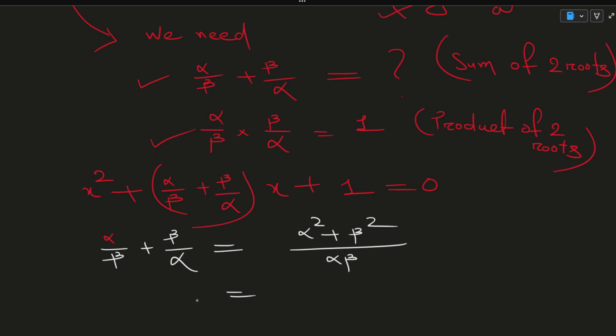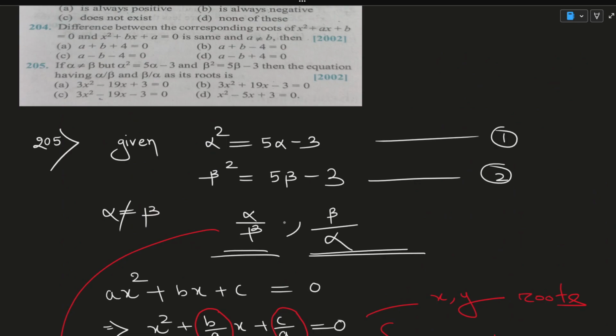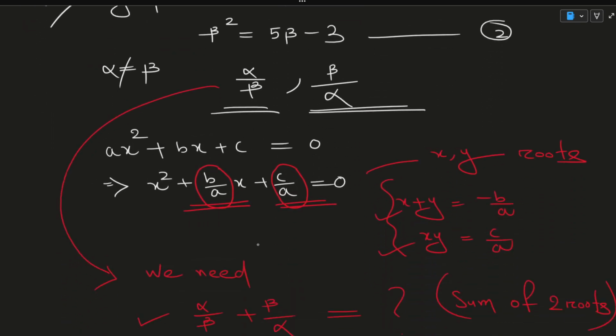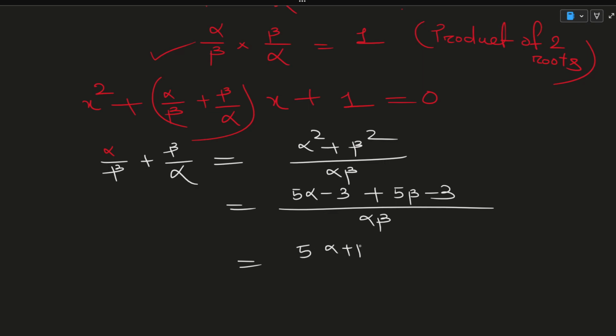From the given question we know the value of alpha square and beta square. That is alpha square is 5 alpha minus 3 and beta square is 5 beta minus 3. So we'll just put this value. So it is 5 alpha minus 3 plus 5 beta minus 3 over alpha beta, that is 5 times alpha plus beta minus 6 by alpha beta.